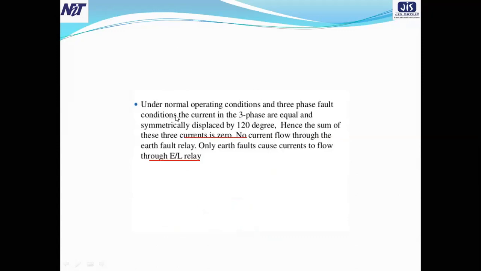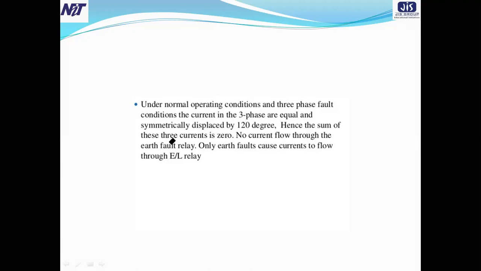Next, under normal operating condition, when everything is going smoothly, and in three phase fault conditions, the currents in the three phases are equal and symmetrically displaced by 120 degrees. That is one of the properties of the system. What does that 120 degree displacement mean? The three phases 1, 2, 3, and the angle between them should be 120 degrees.